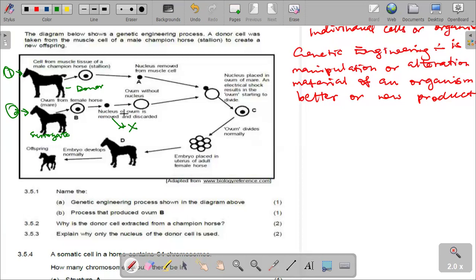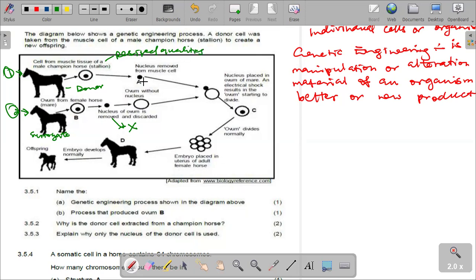And then we have the muscle cell from the champion. One thing I want you to understand is that the champion always has the desired qualities. That is one thing you need to understand.